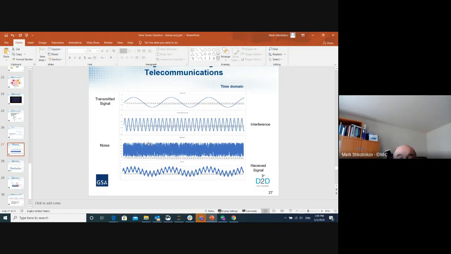And this is why running average, moving average, all kinds of low pass filters are so popular among statisticians, because in most cases the noise is usually coming at a high frequency.